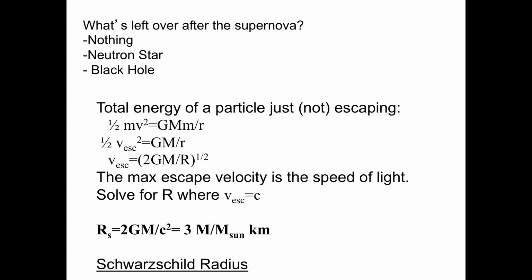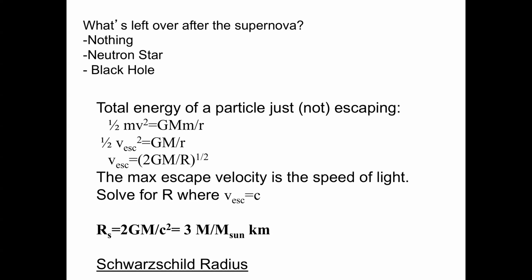So you can set the kinetic energy of a particle, which is 1/2 mv squared, equal to the gravitational potential energy, GMm over r. And if you cancel out the mass of the test particle on both sides, you have 1/2 v escape squared is equal to GM over r.